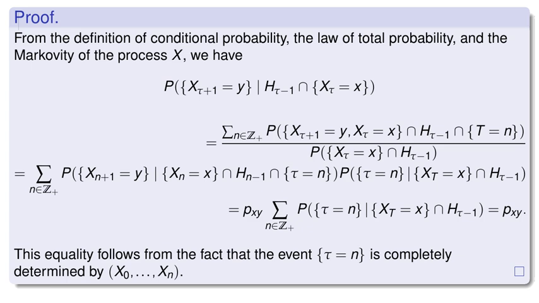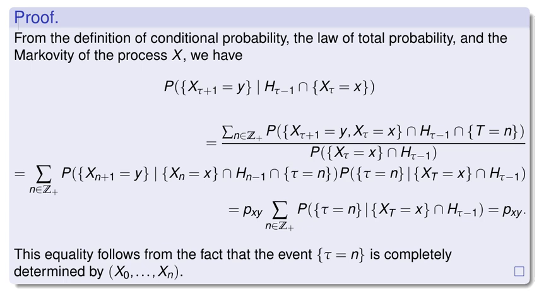From the definition of conditional probability, the law of total probability, and the Markov property of the process X, we have the probability of the set {X_{τ+1} = y} given H_{τ-1} intersected with the set {X_τ = x} is equal to the sum over n in Z+ of the probability of the set {X_{τ+1} = y, X_τ = x} intersected with H_{τ-1} and the set {τ = n}, all divided by the probability of the set {X_τ = x} intersected with H_{τ-1}.